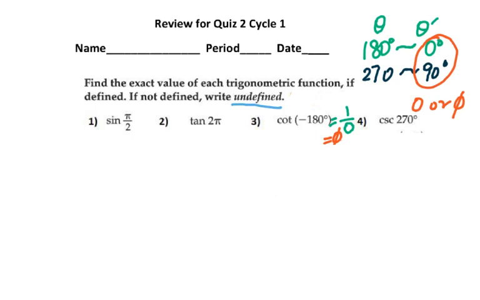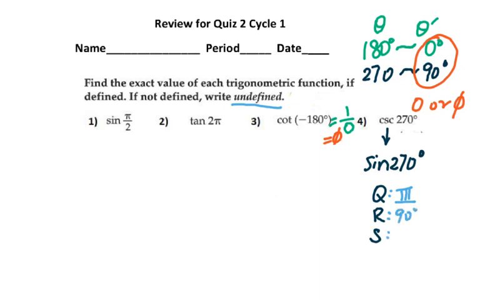Now let's go to number 4. For cosecant 270 degrees, its major trig function will be sine 270 degrees. Then we can go through QRS directly. For 270, I can count it as third quadrant or fourth quadrant. Reference angle is 90.